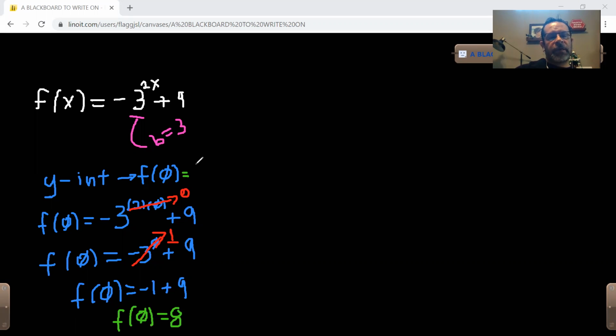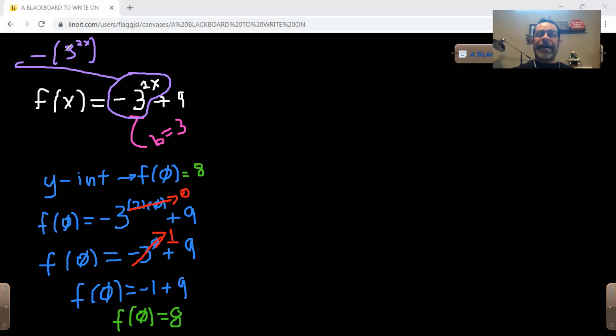Now, I'm going to anticipate a question that might come up here. Okay, wait a minute. You said that the base had to be a number larger than 0. So why is there a minus 3 here? Well, let's look at what's happening. This element is actually minus 3 elevated to the 2 multiplied by x.